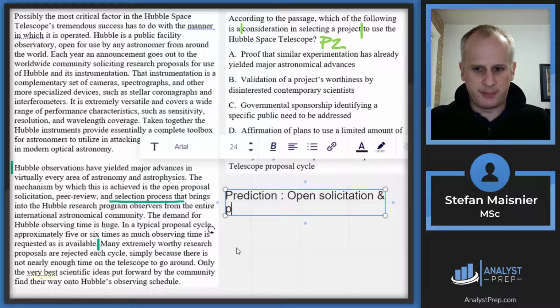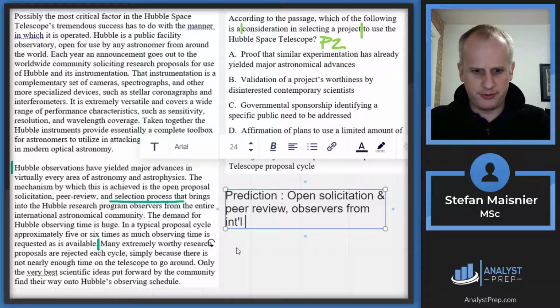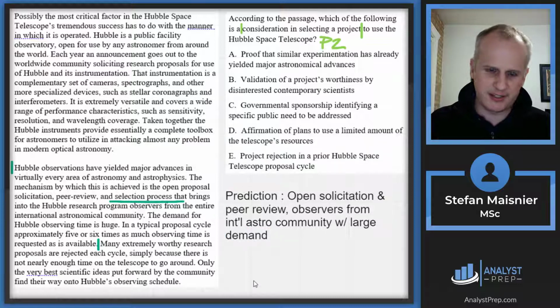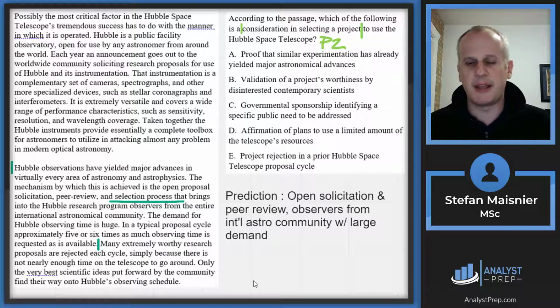And we know that there's peer review and observers from the international astro community. And that there is large demand. And we don't need to get into the 5 or 6 times as much observing time. We just know that there's high demand.